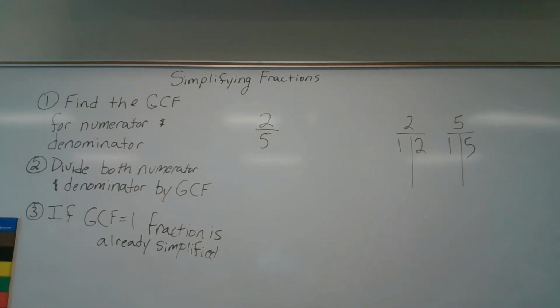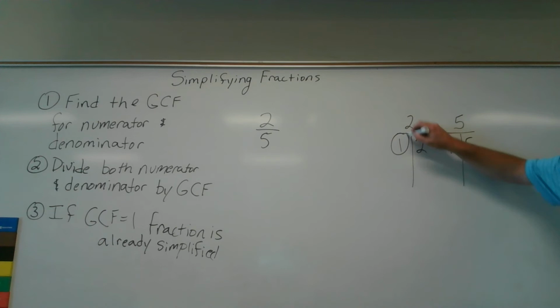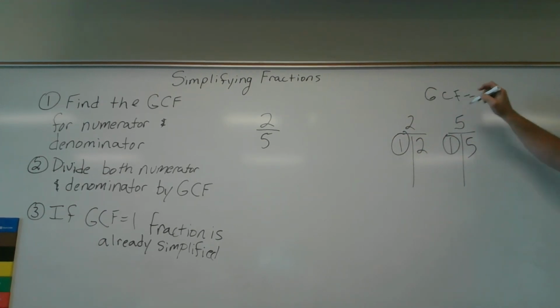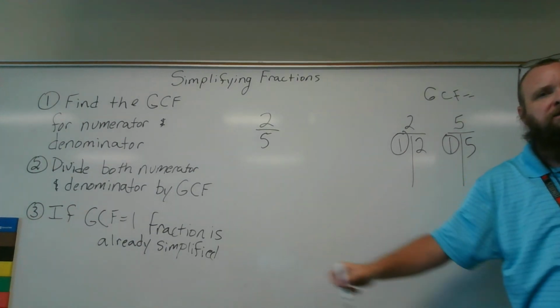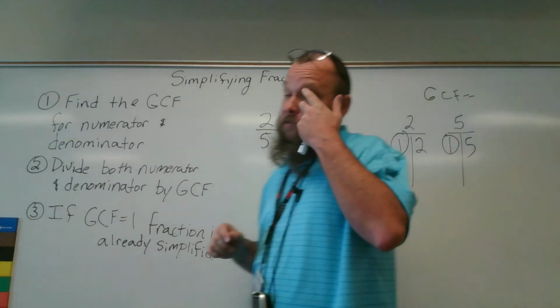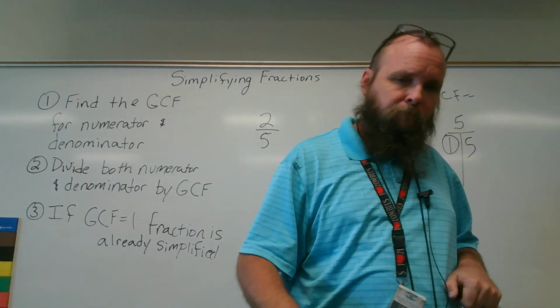Ricky, what is the greatest common factor? 1. The greatest common factor is 1. Step 3 says, if the greatest common factor is 1, that fraction is already in simplest form.